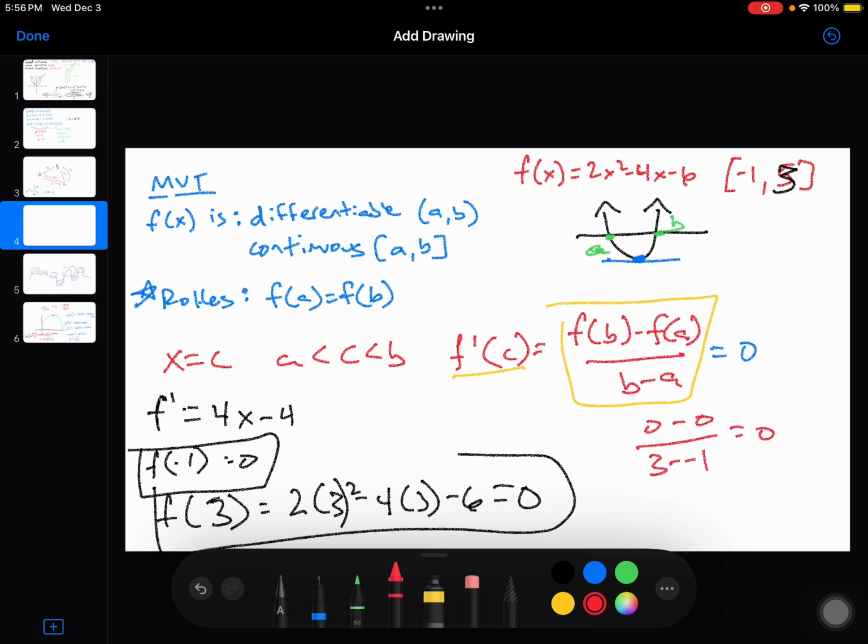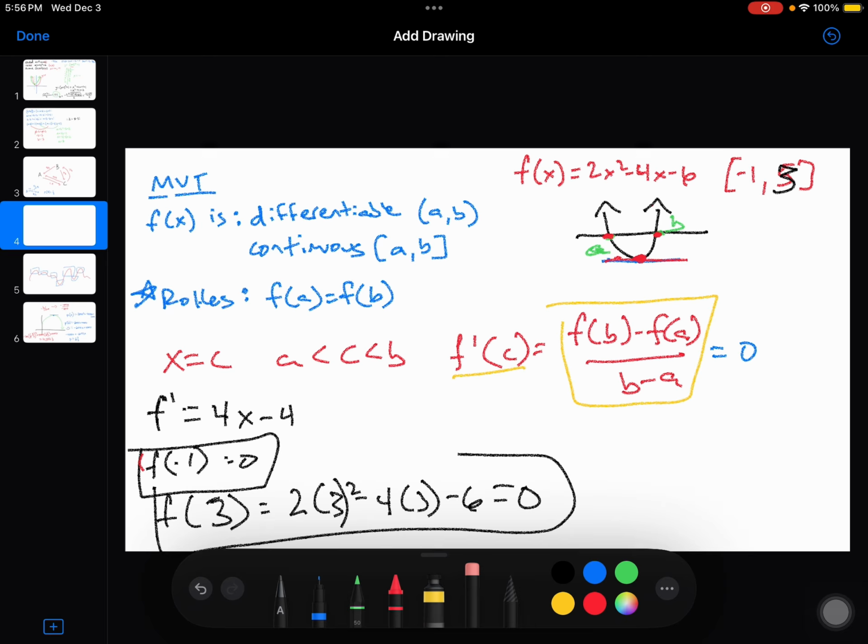So our slope is 0, and we know that because when we substitute those values into the original function, we get 0 for the first one, we get 0 for the second one, so there's no vertical change. And then intuitively, we should be able to understand there is a turning point or a vertex or local minimum or maximum in between those 2 points.